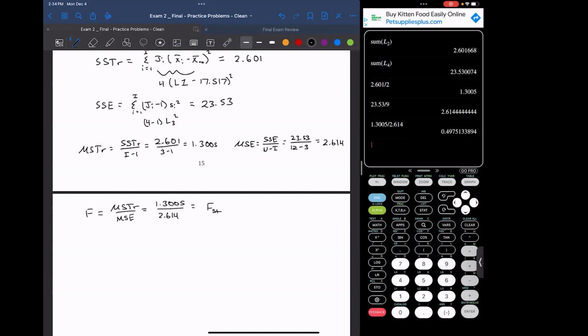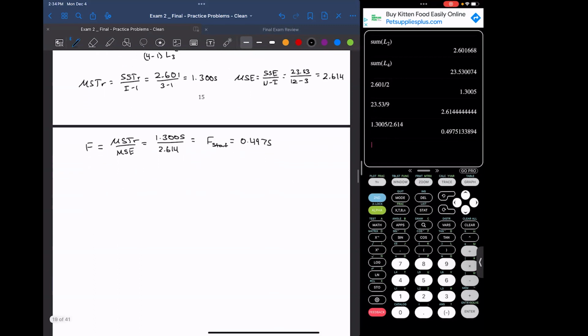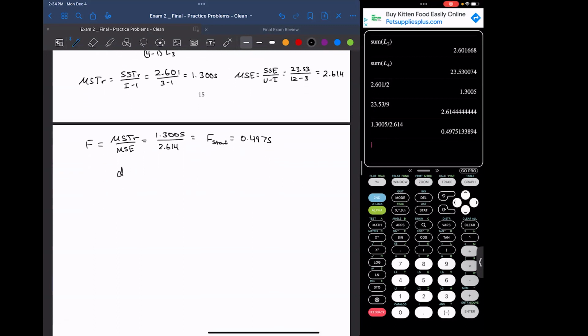So our F stat is equal to 0.4975. So from here we can use, before that actually, we should get our DOF. So the first one is I minus 1, second one is N minus I. So that is 2 and 9.